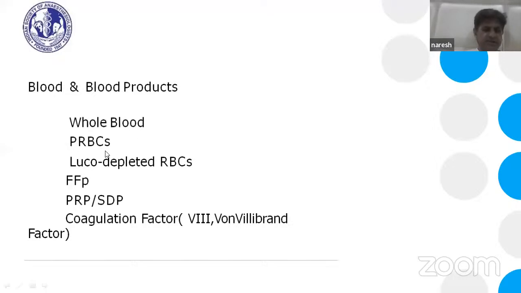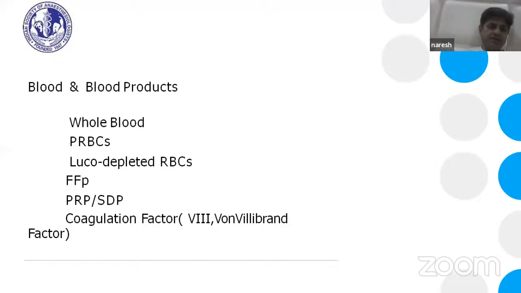PRBCs are nowadays used in most hospitals. They are cheap and cost effective, and availability is not an issue. Leukodepleted cells, I think, are mostly in cancer institutes. FFP and PRP have specific indications. Please don't advise FFP for thrombocytopenic patients.